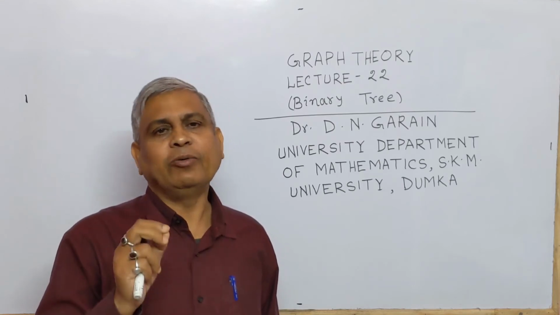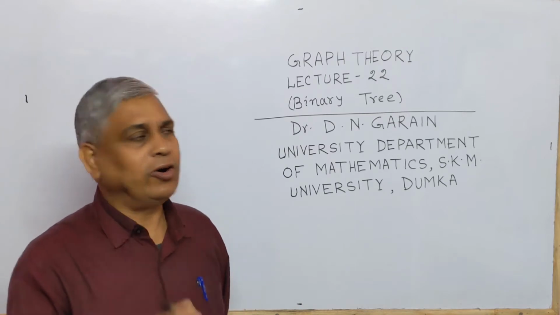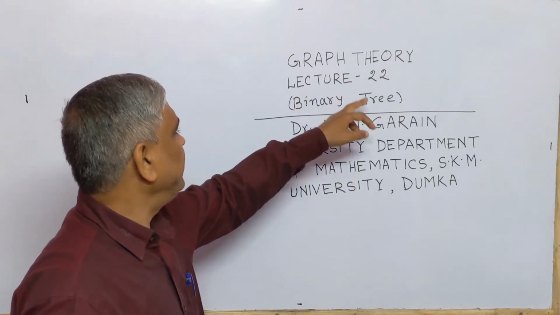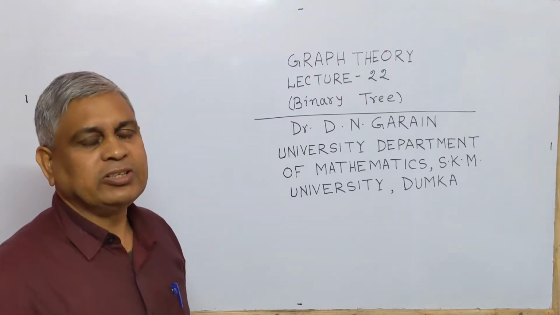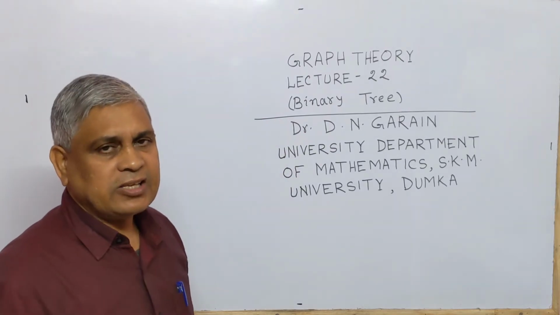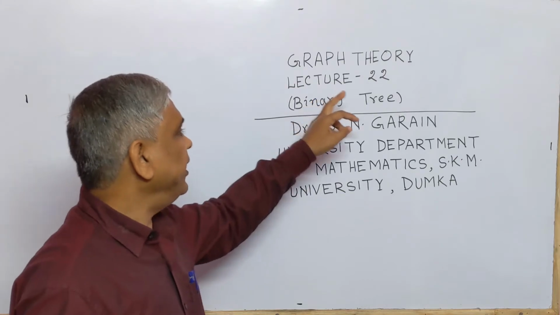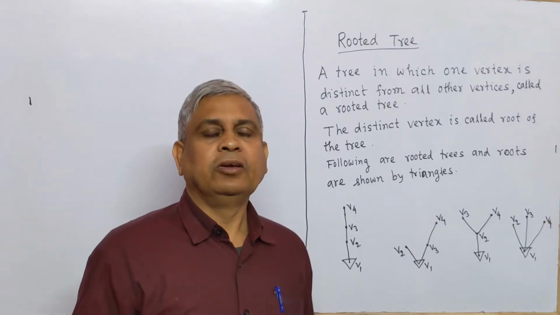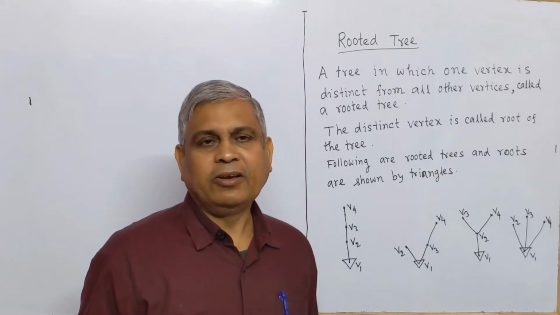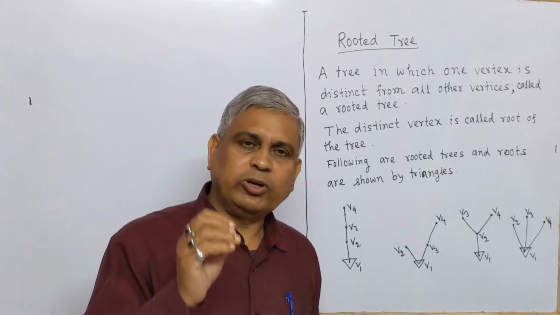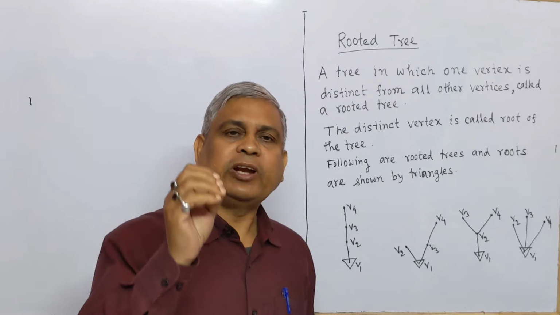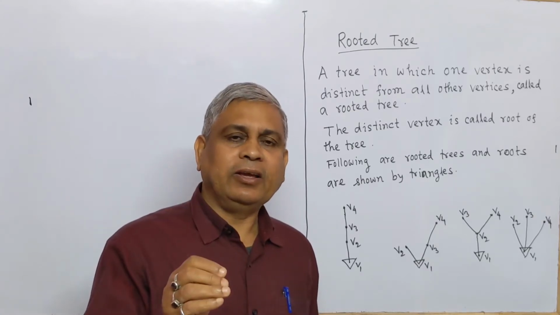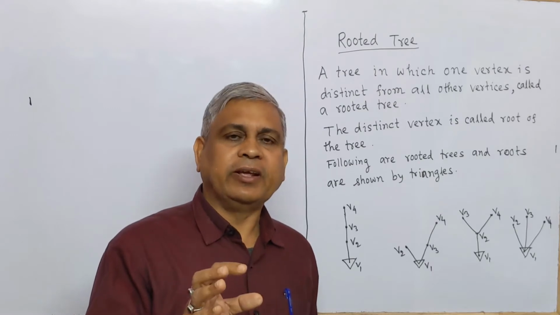Today I will deliver a lecture on graph theory, lecture number 22, in which I will discuss binary tree. Before defining binary tree, firstly, we define the rooted tree, as binary tree is also a rooted tree.